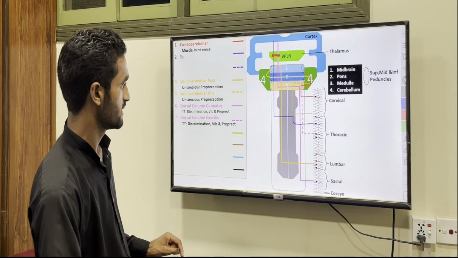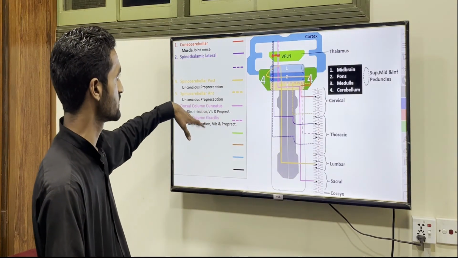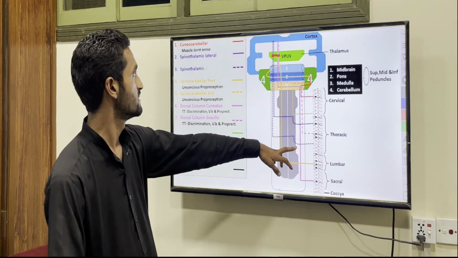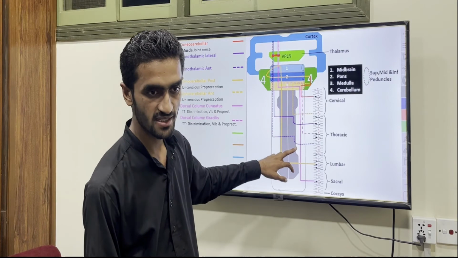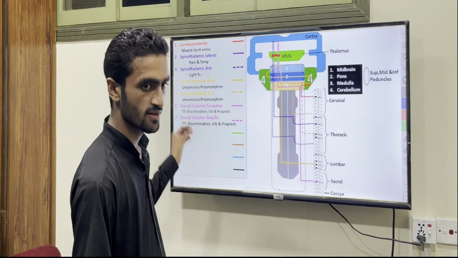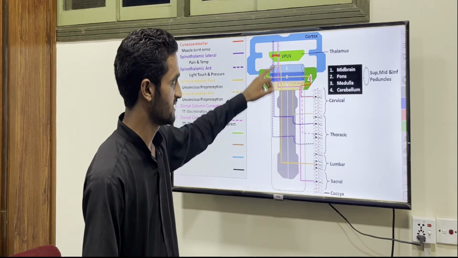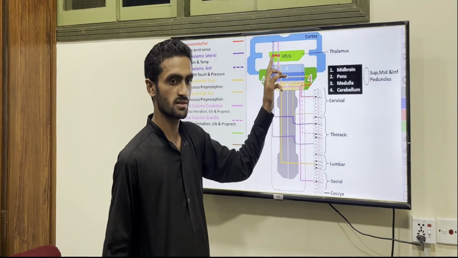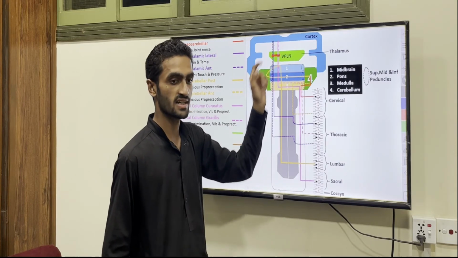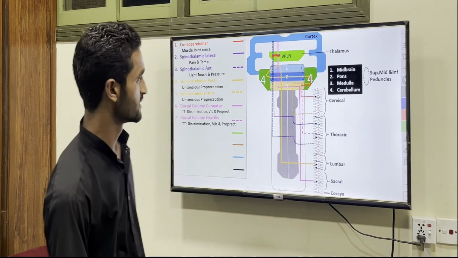One is your lateral spinothalamic, one is your anterior spinothalamic. Lateral is literally for pain and temperature, and the other is for fine touch, light touch and pressure. They cross in the midbrain, pons, ventral pons, and reach the cortex in the postcentral area. You know better for the sensory pathway.